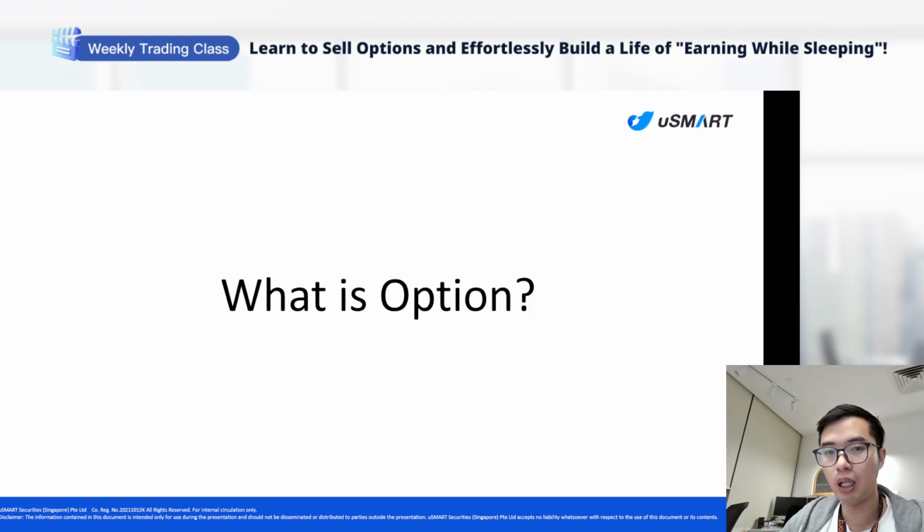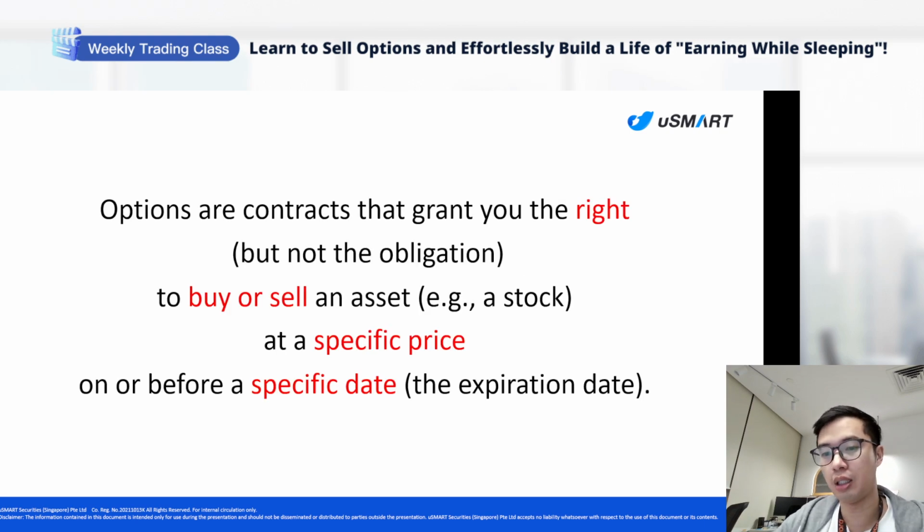Let us start from the basics again. So what are options? This is the theory behind options. Options are contracts that grant you the right but not the obligation to buy or sell an asset at a specific price on or before a specific date. Options actually give you the right to buy or not if you are on the buy call side.